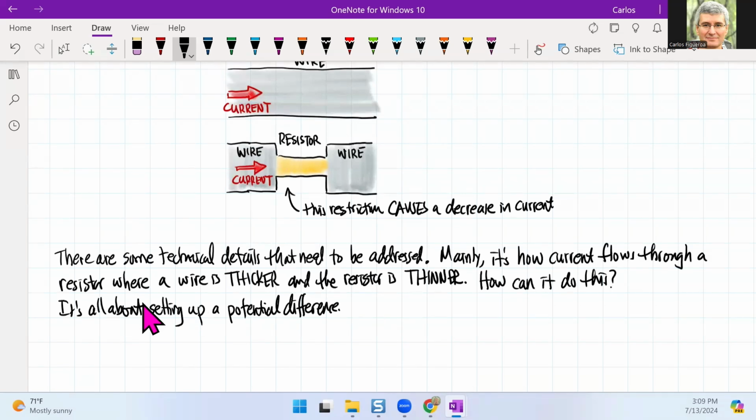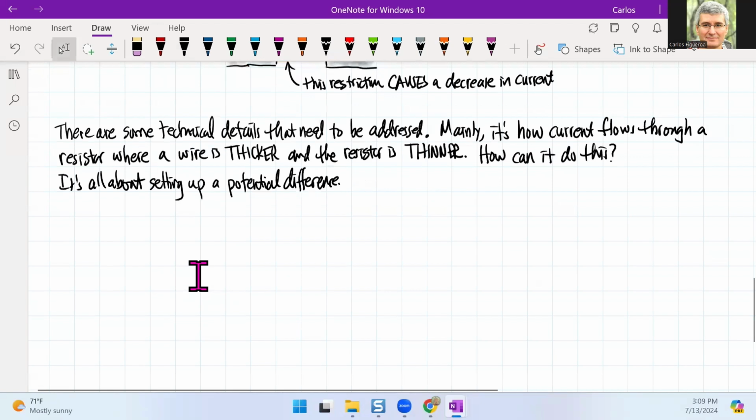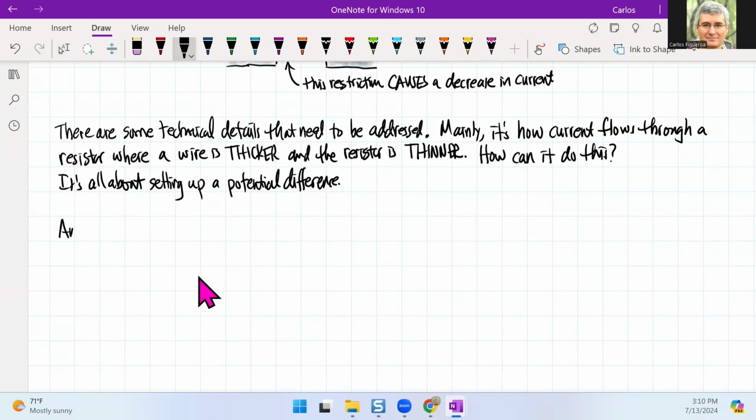So that's what we're going to have to do. I have to show you why there's a voltage in the circuit when there's a resistor in it. So here we go. We're going to start with an analogy. And let's say here, the analogy is something that you're very familiar with. And we're going to look at water restriction in a water hose.